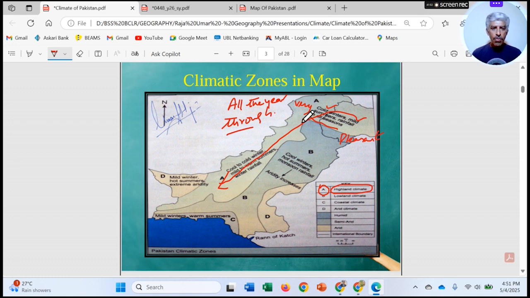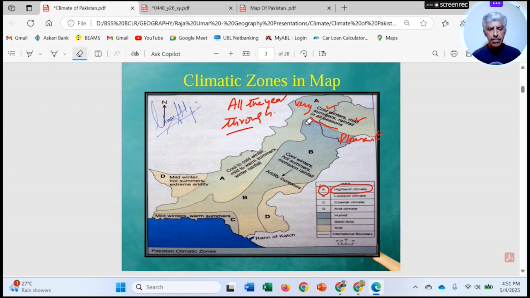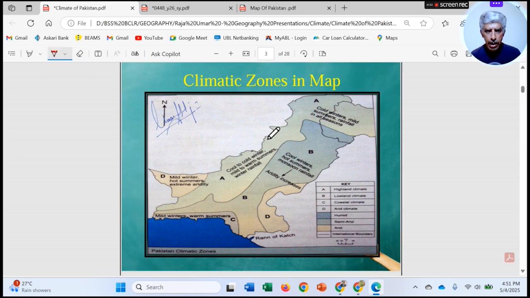But when we move southwards in this region, the climatic conditions change a bit. The intensity of the rainfall and the intensity of the severe climatic conditions decline. If we come over here, it is cool to cold.